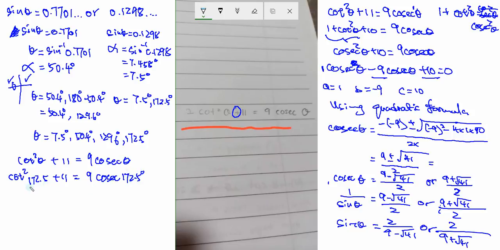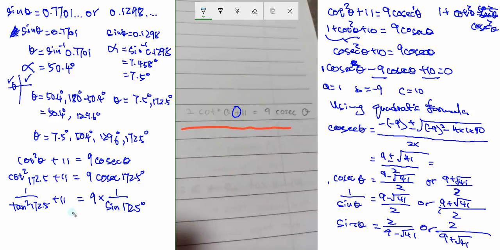Now you have to convert, so cotangent is actually 1 over tangent: 1 over tangent square 172.5 plus 11 is equal to 9 times 1 over sine 172.5.